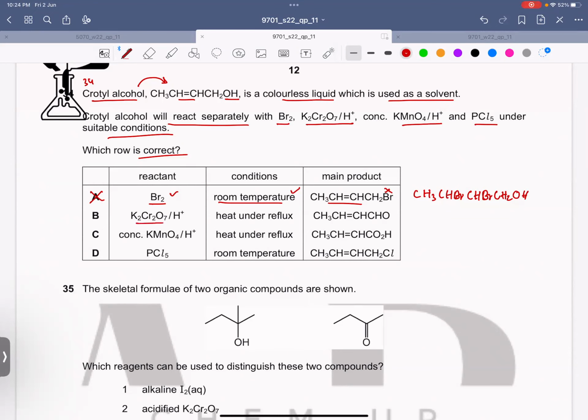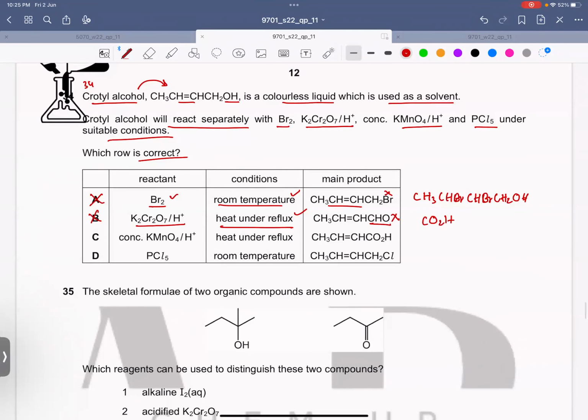Now part B. Acidified dichromate, heat under reflux is correct. But if you recall, heating under reflux, instead of CHO, we will get a carboxylic acid. So this is wrong. B goes wrong. Hot concentrated KMnO4, heat under reflux, this would turn it into an alcohol. Oh, sorry, a carboxylic acid. That is correct. But here, this double bond is going to be broken down with the permanganate.